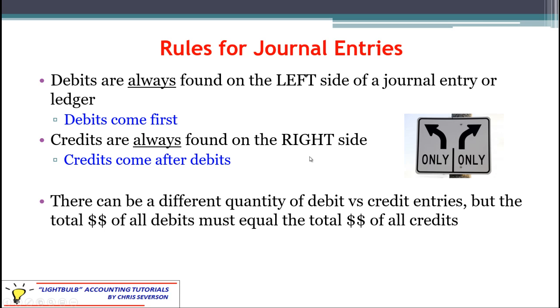Credits are always on the right side, and they'll be indented to the right. They'll all come after the debits. You can have a different quantity of debit or credit entries, so you can have 2 debits, 1 credit, 3 credits, 2 debits. That's fine, as long as the dollar amounts for the debits in a journal entry equal the dollar amounts for the credits in total.